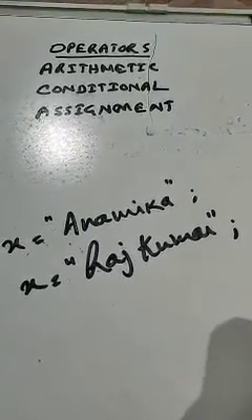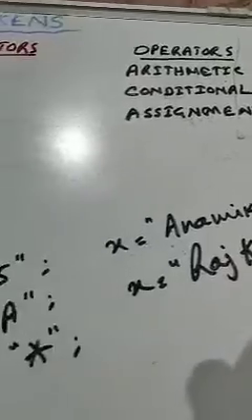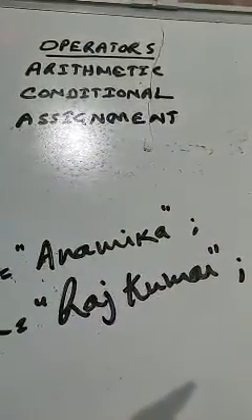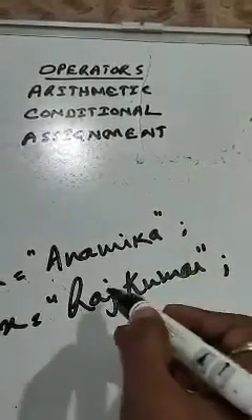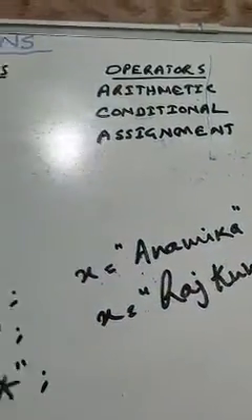This way, they are termed as string literals. It can be a single character or a group of characters enclosed within double inverted comma. A space is also a character, please remember, so we can also include space.